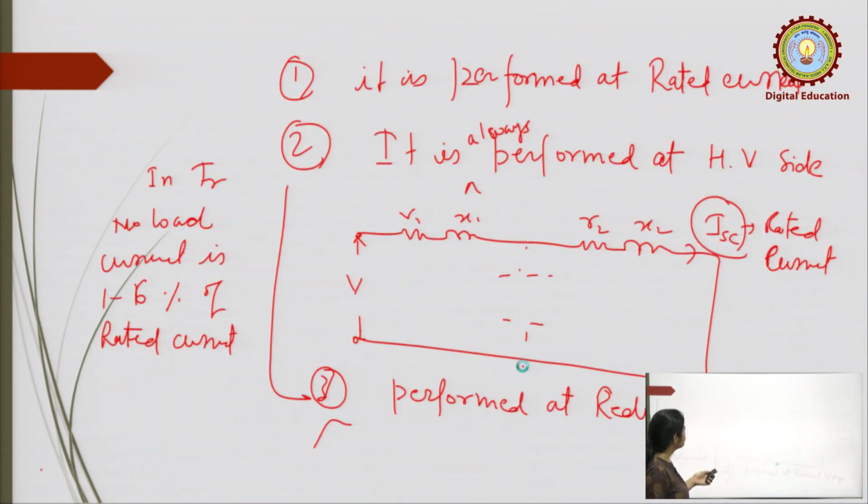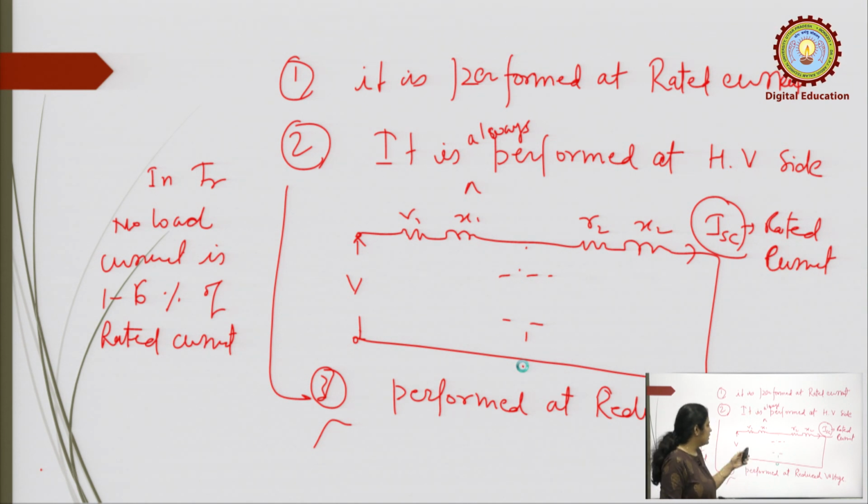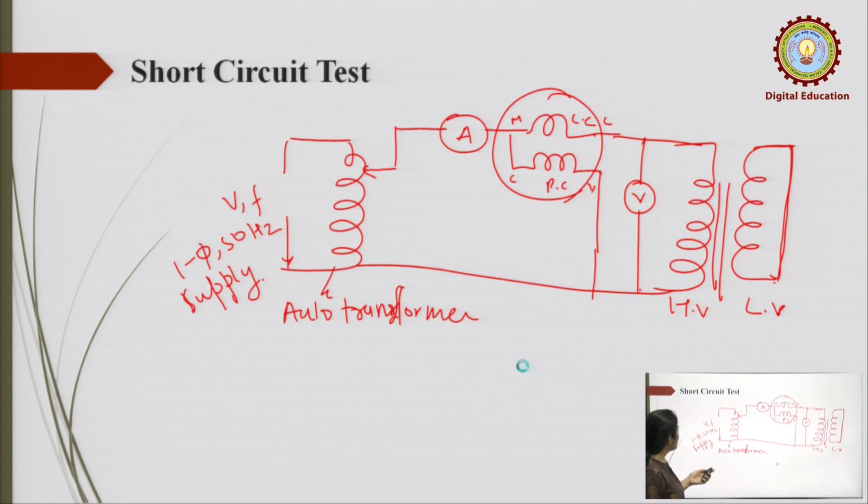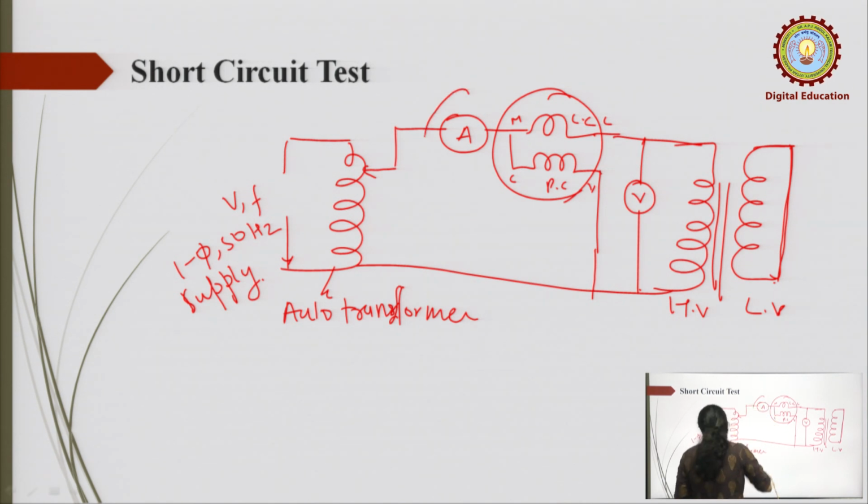So, this is the equivalent circuit for the short circuit test, and when you experimentally perform this test, you will get the ammeter reading, the wattmeter reading and the voltmeter reading.